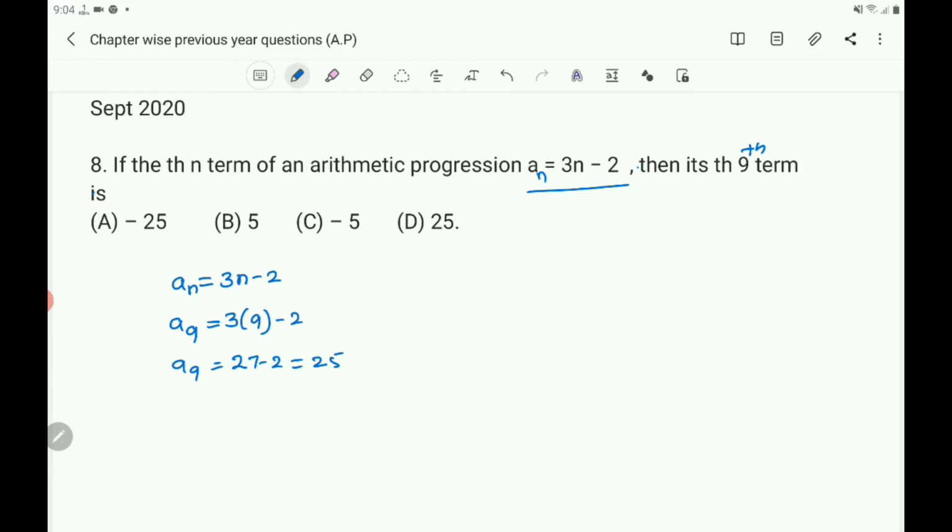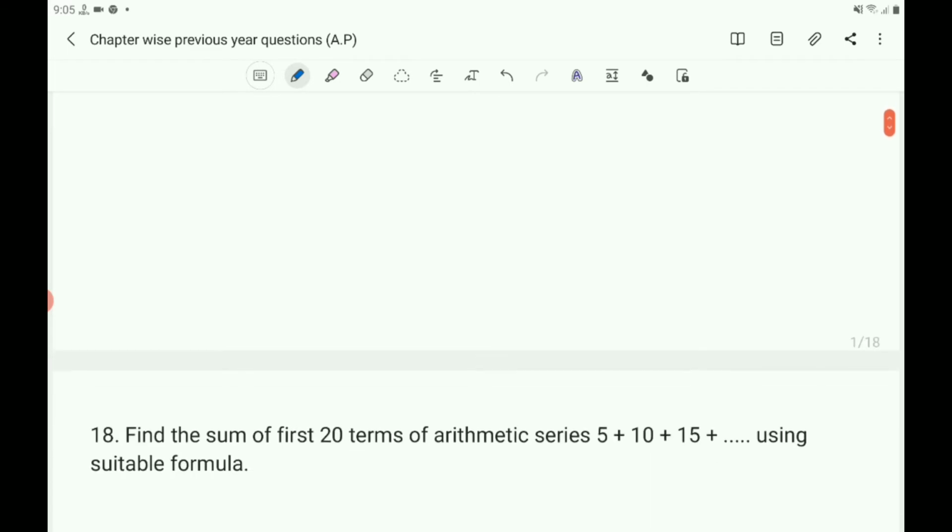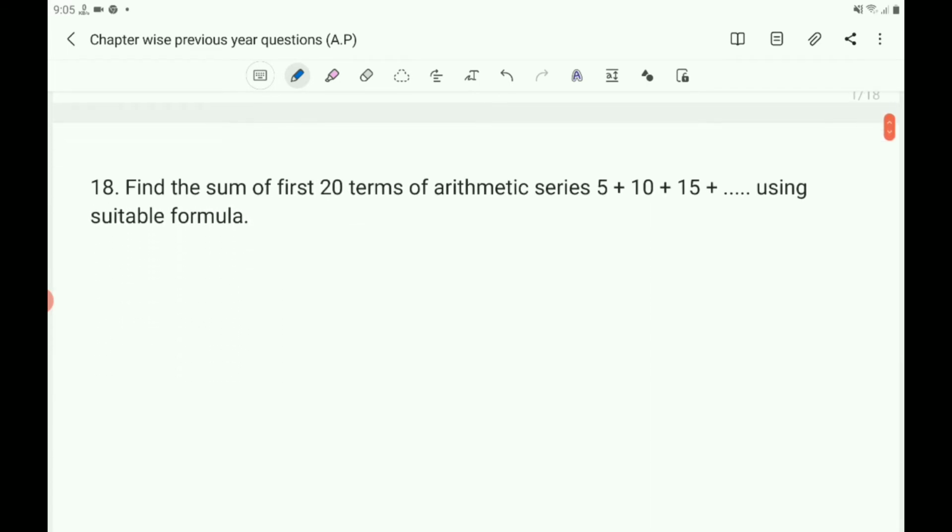So the ninth term is 25. Then what is the answer? The answer is D, 25. Answer is D25.